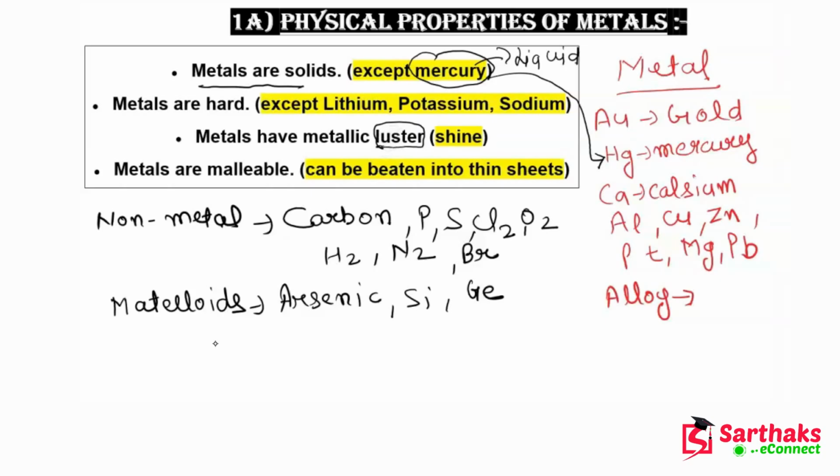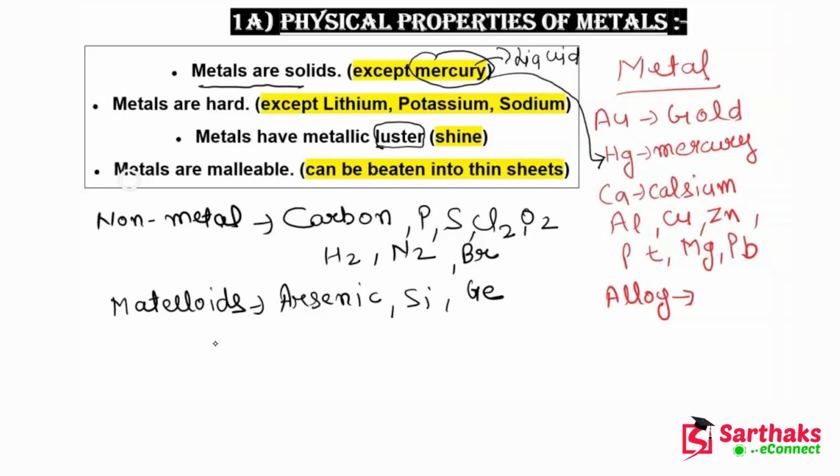Okay. But guys, when I teach you the properties of non-metals, they will be opposite. They will be non-lustrous. Okay, they will be soft, and there are other physical properties as well. When I teach you non-metals, then I will tell you everything.